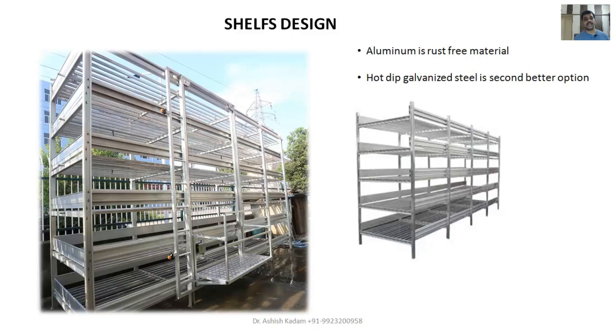There is a particular standard, so you have to use that method for checking the quality of hot dip galvanizing. You have to see the thickness of galvanization. There are some meters available, so through that meter we can check the level of galvanizing on the steel surfaces. Otherwise all galvanized materials are not of the same quality. Okay, so this we have to address.